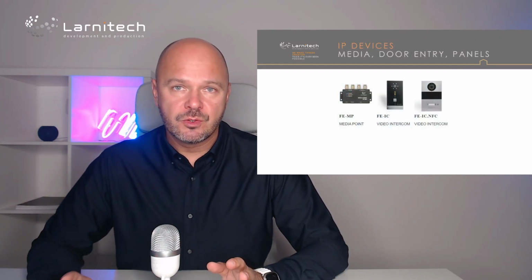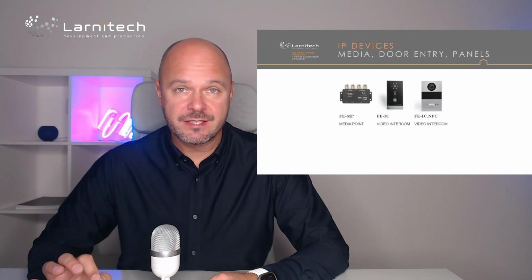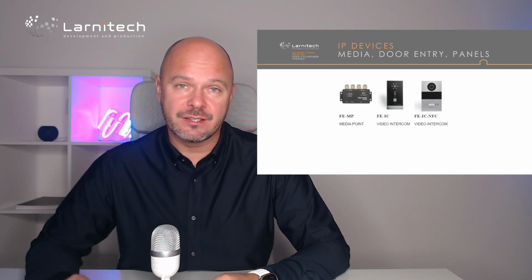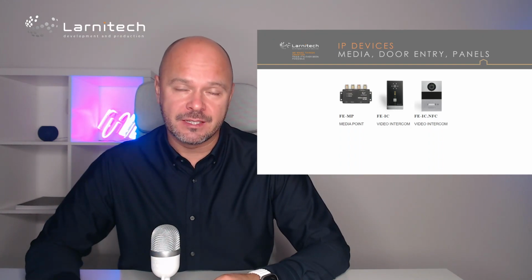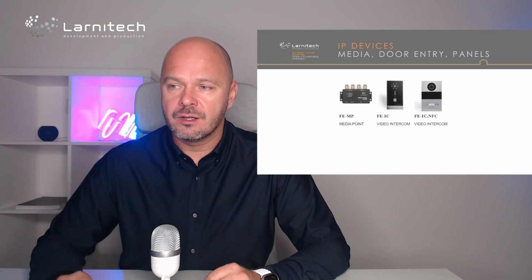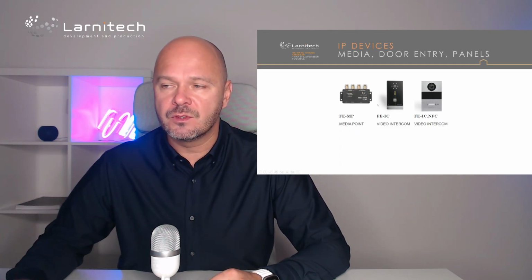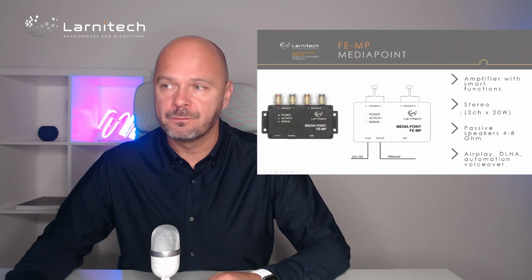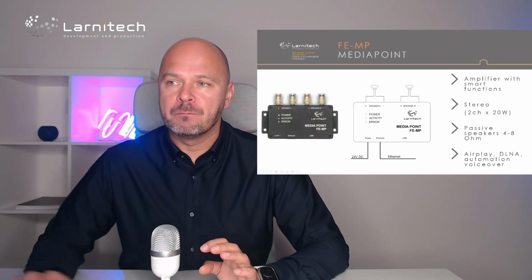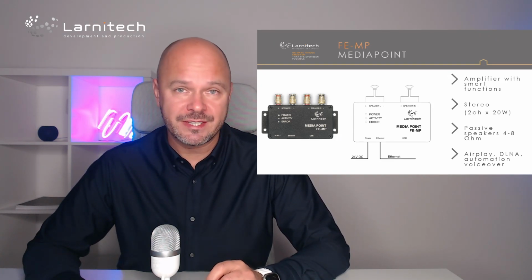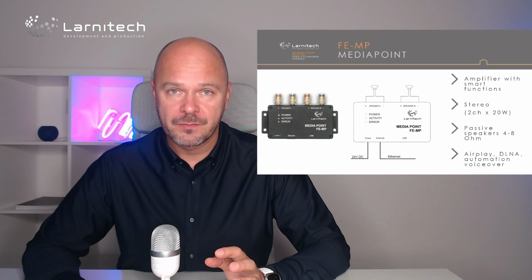Now let's move to IP devices. These devices, if you remember, do not have any bus connection. They just have the IP connection, the wired Ethernet connection. So we have a media point, and we have two versions of intercom. One is older, one is newer. This media point is the device to have an audio system in the network.